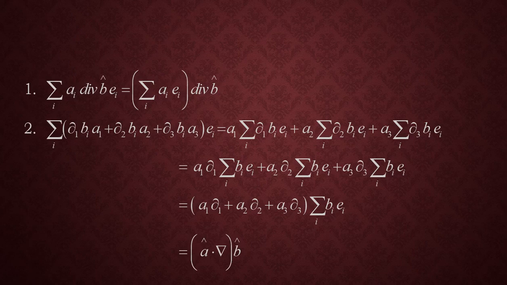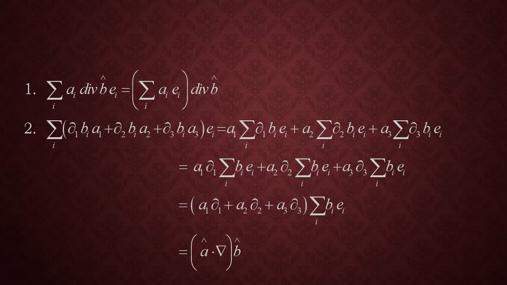So far, we have found the first term multiplied with e_i and taken the sum over i in the C_i expression. Now, we need to take the second term from the C_i expression and multiply it with e_i, and then we take summation over i.